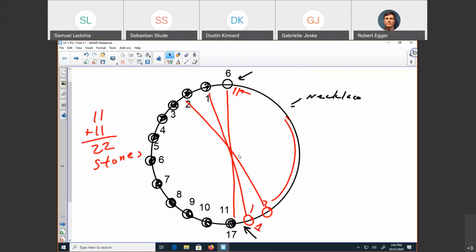Is that number 7? Wow, that's pretty good, because that one took me a little bit of time to think about. I eventually got it.